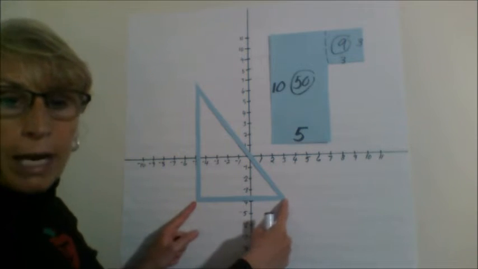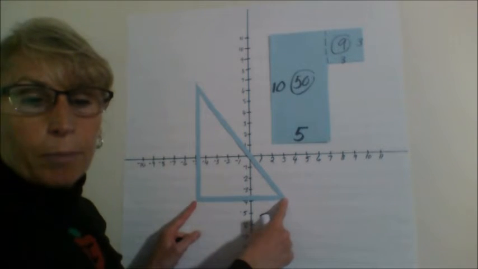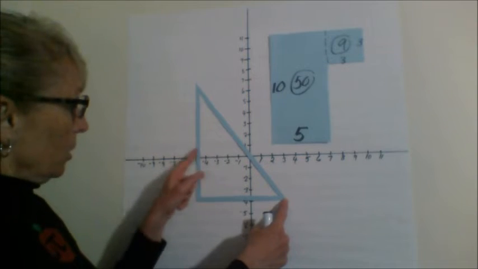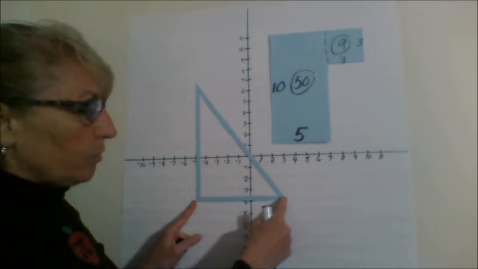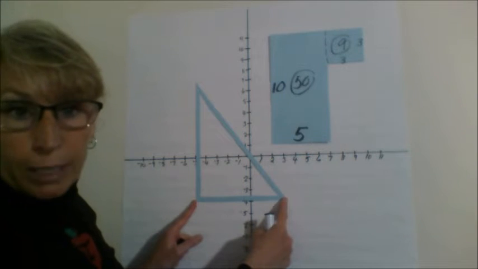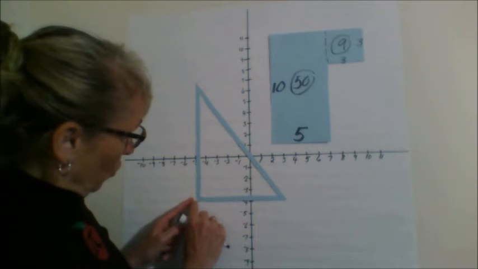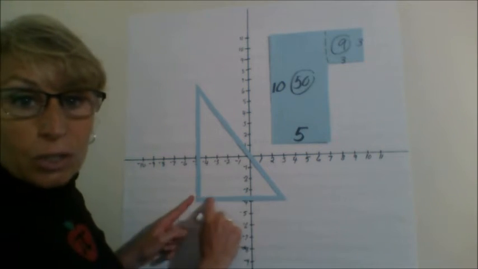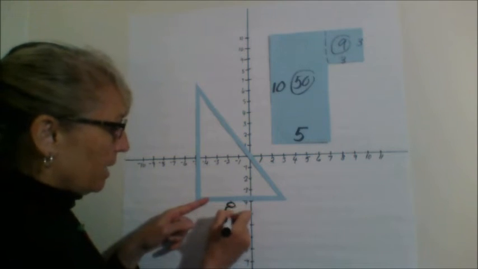So remember when we're finding the distance between 2 coordinates and they have a positive and a negative, we actually add the absolute value of those. So the absolute value of -5 is +5. The absolute value of +3 is 3, so 5 plus 3 is 8. I'm just going to double check and count them also. 1, 2, 3, 4, 5, 6, 7, 8. So the length of this right here is 8. I'm going to go ahead and label that 8.